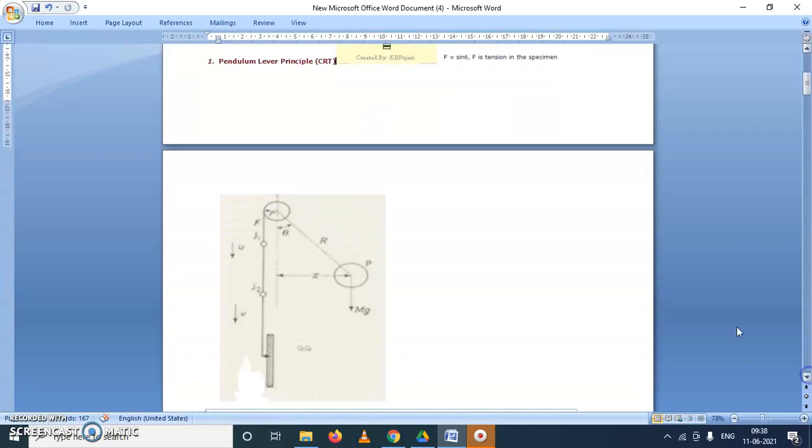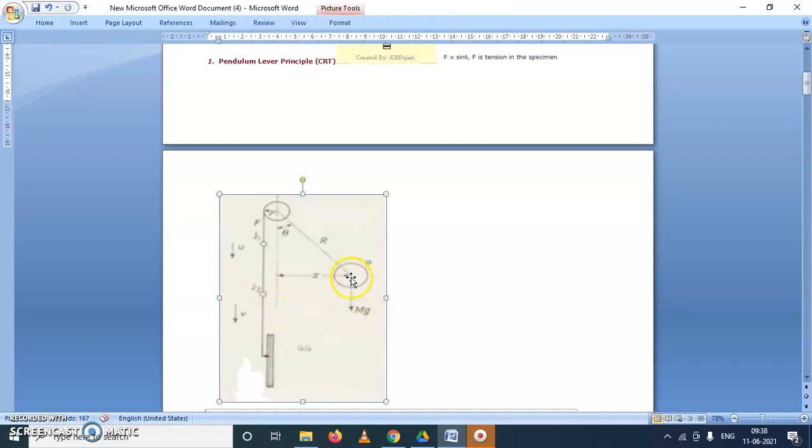This is the same diagram, but here I am trying to show that if jaw 2 is pulled downwards, this pendulum will rise by an angle theta this way, because this pulley will have anti-clockwise movement as this steel tape is being pulled downwards. So this pulley will have anti-clockwise movement to some extent, and this pendulum will rise here.